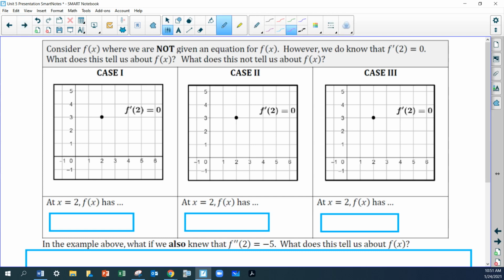So if we knew that f prime of 2 equaled 0, that means it is a critical point, right? And that there is a potential place for a relative min or a max.